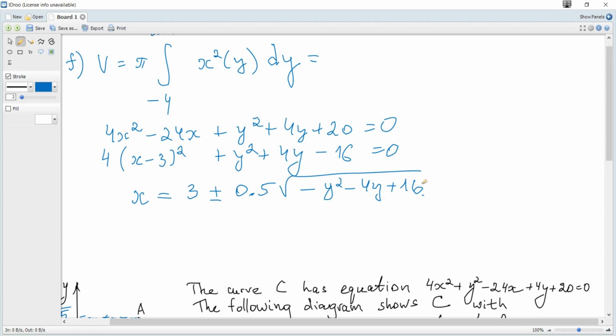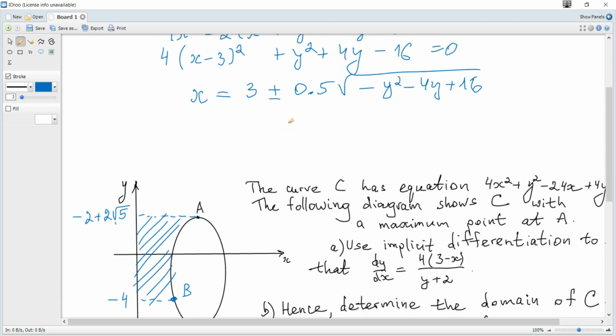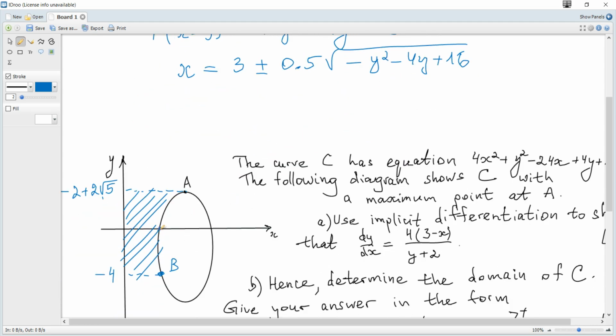But what should we choose? Plus or minus? We can see that there is a point 1, negative 4, because this part of this curve is rotated, so there must be a point 1, negative 4.